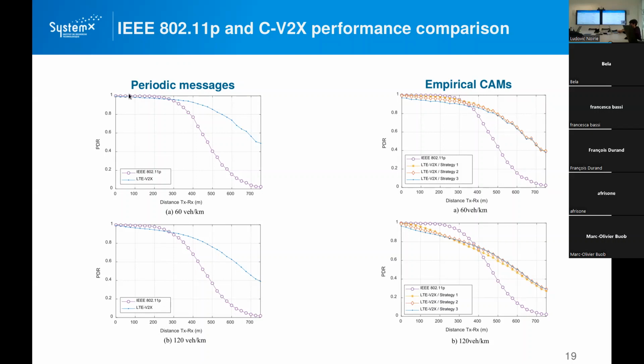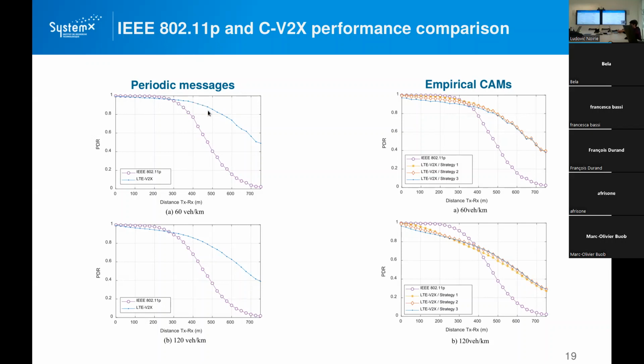The violet curve here is ETSG5, and the blue one is CV2X, and you see the CV2X is much, much better. This is tested in a scenario with small, medium density of vehicles and with periodic messages of the same size.